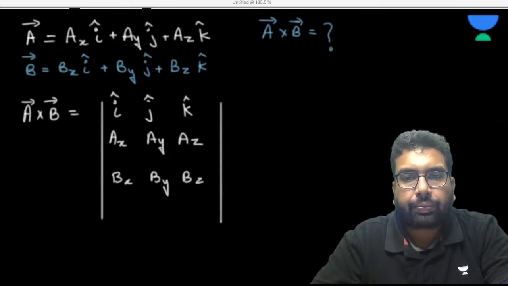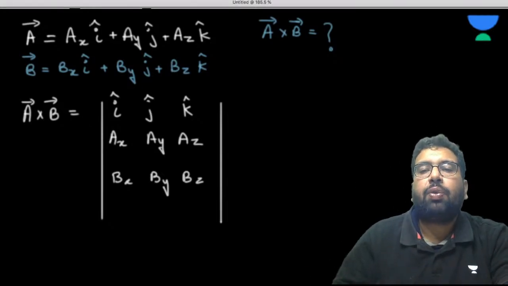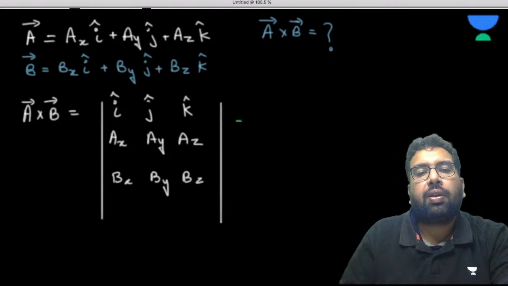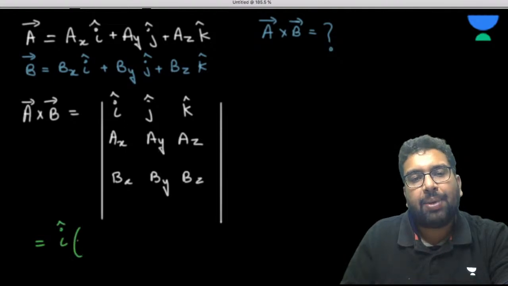Understood? Now simply see how we have to write. We use the rule that we have learned for finding the determinant. For I cap, it will become AY BZ minus AZ BY. How are we doing it?